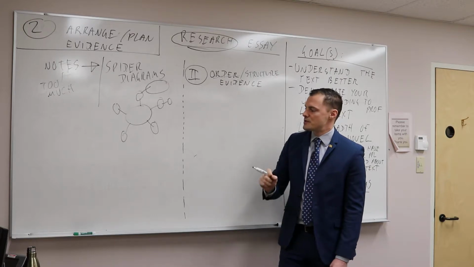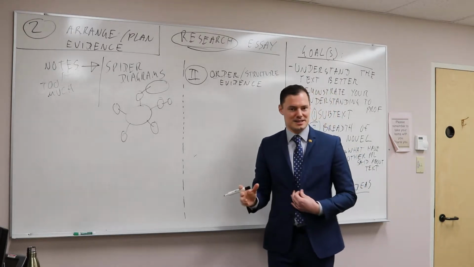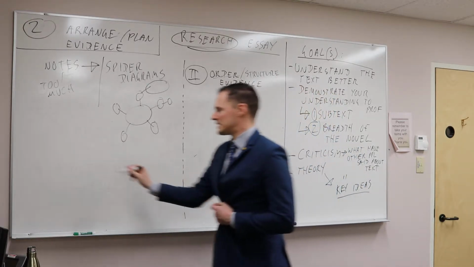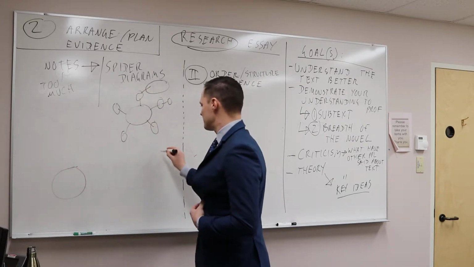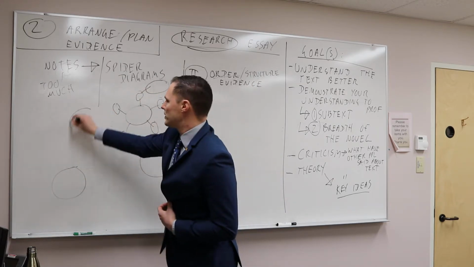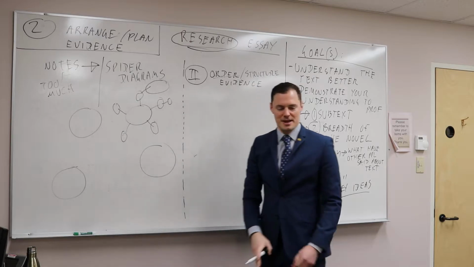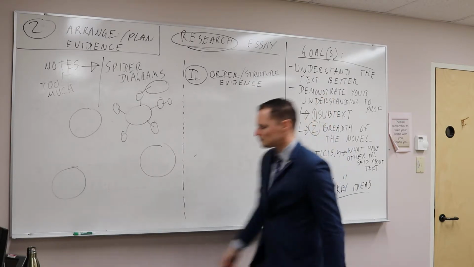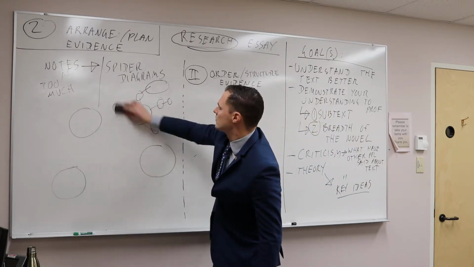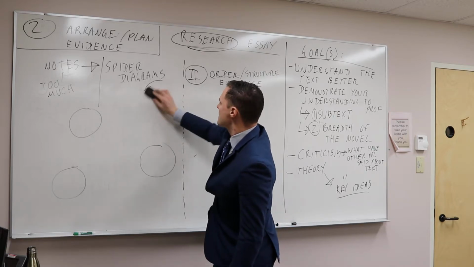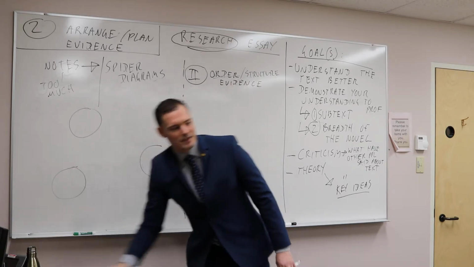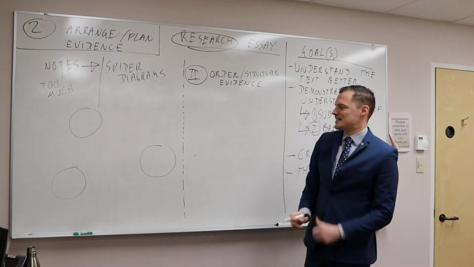But you could also think of several big ideas that you might want to talk about, like several big spiders, and dot them fairly far away from each other like that. And then see where they intersect.